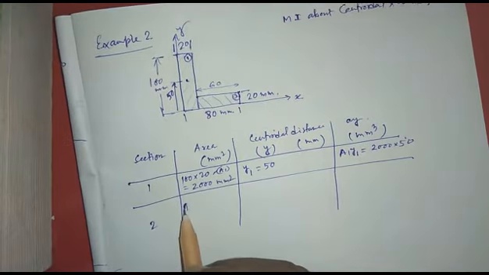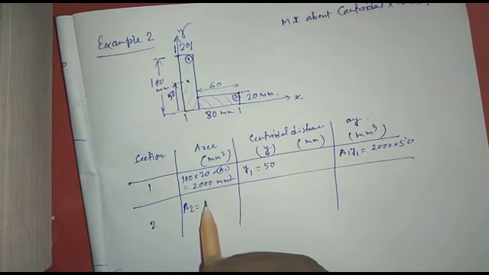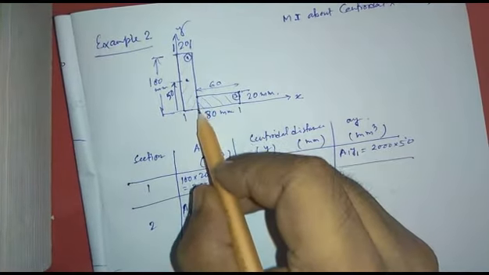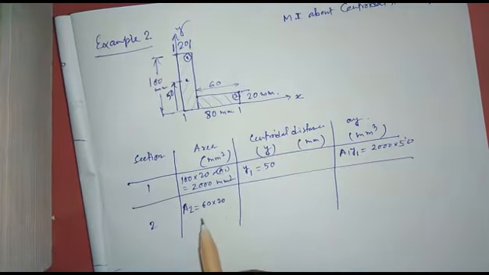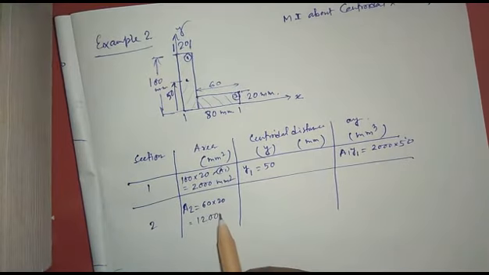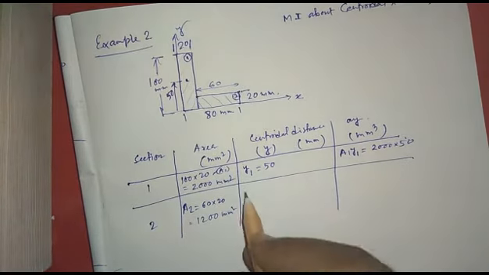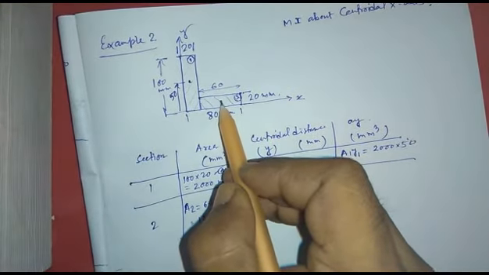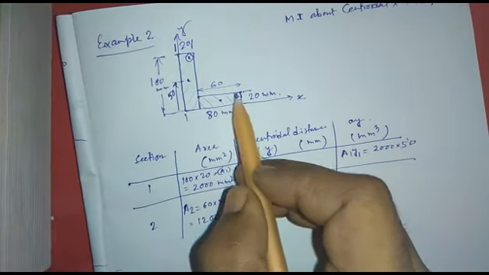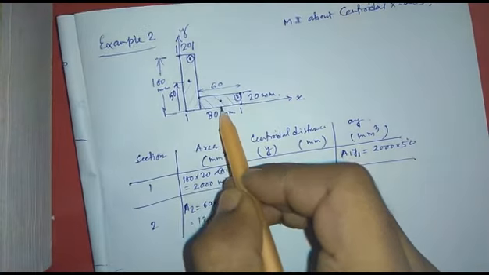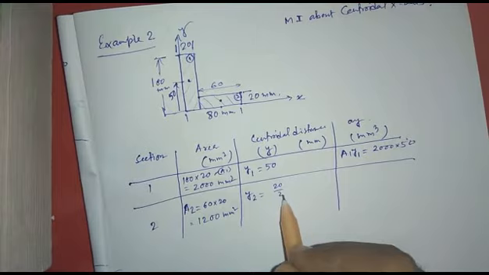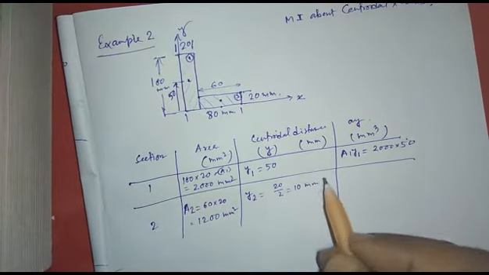So A2 is 60 into 20, that is 1200 millimeter square. And what is Y2? This is the centroid of this section. So the distance from this x to this section is basically 20 by 2, that is 10 millimeter.